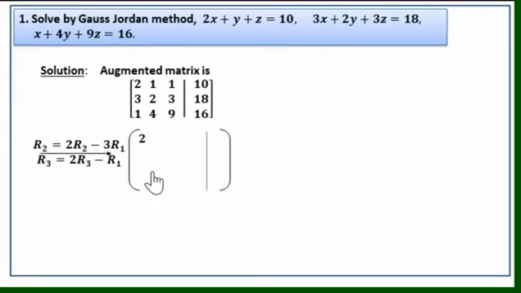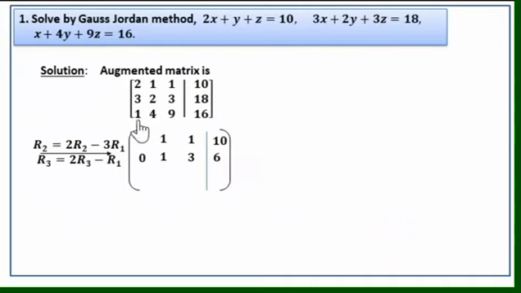The first row remains the same: 2, 1, 1, 10. In the second row apply this operation: 2 into 3 minus 3 into 2, 6 minus 6, 0. Then 2 into 2 minus 3 into 1, that is 1. Then 2 into 3 minus 3 into 1, 3. Then 2 into 18 minus 3 into 10, 6.